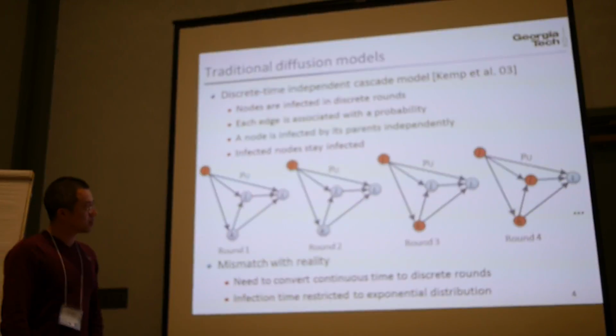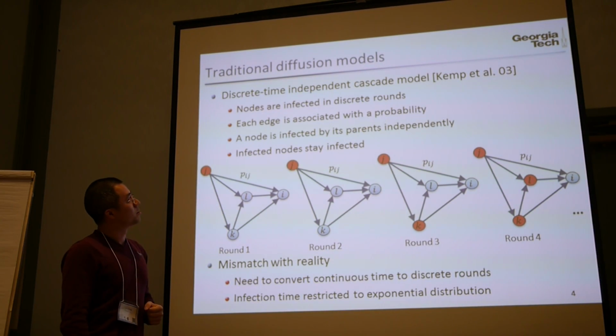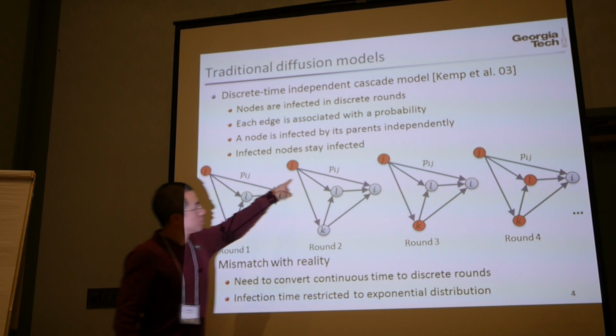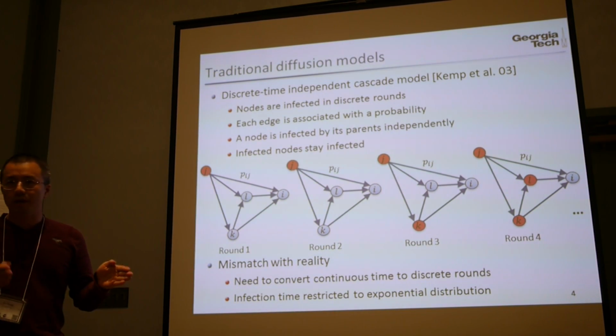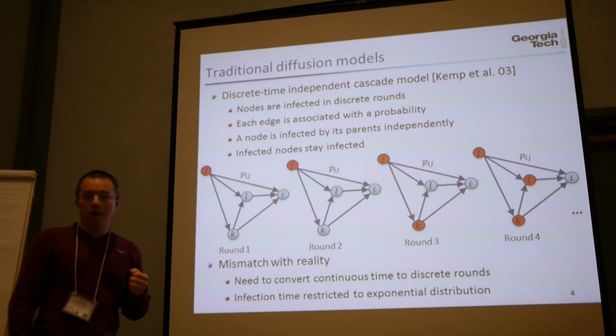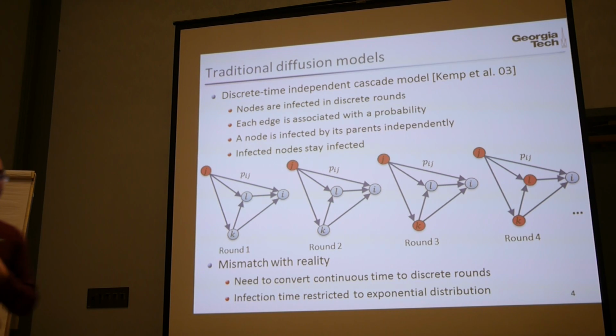The second thing is that if you model it with this kind of discrete-time independent cascade model, you associate with each edge a fixed infection probability. Effectively, you will only be able to model this diffusion in a very restricted set of models.